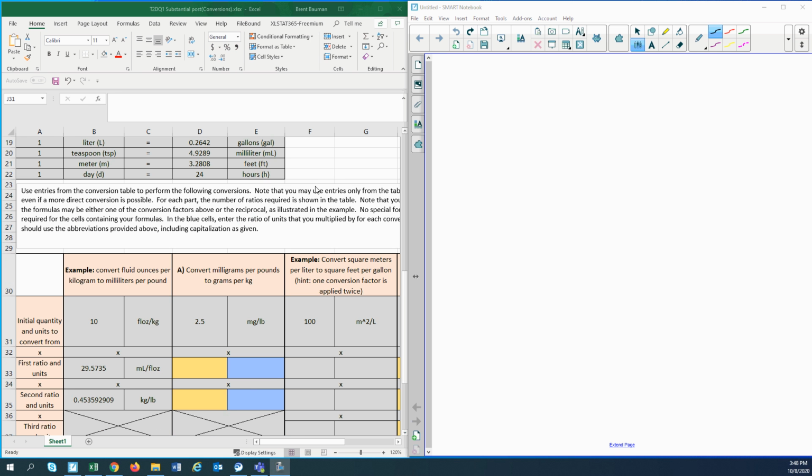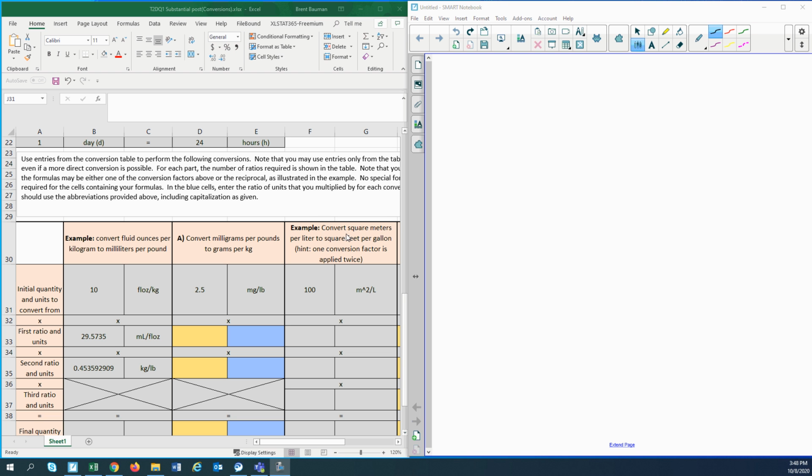And for the example, I'm going to convert square meters per liter to square feet per gallon. So just like the other one that I did, when I work through this one, I suggest writing it out on paper first and then taking your work to Excel. So let's start by writing what we have.